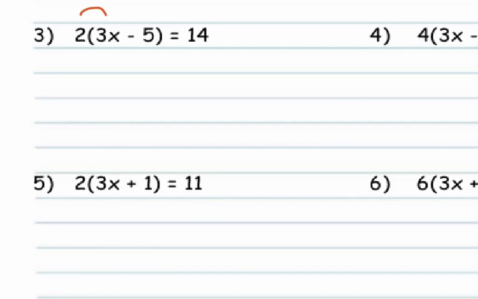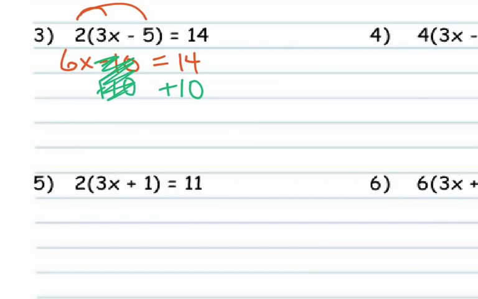So 2 times 3x, 2 times 5. Actually, negative 5. So 2 times 3x is 6x. And 2 times negative 5 is negative 10. So now my equation is 6x minus 10 equals 14. So we're going to add 10 to both sides.